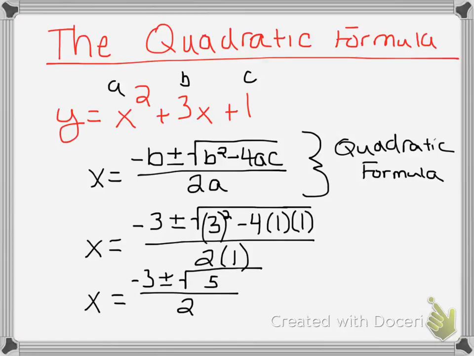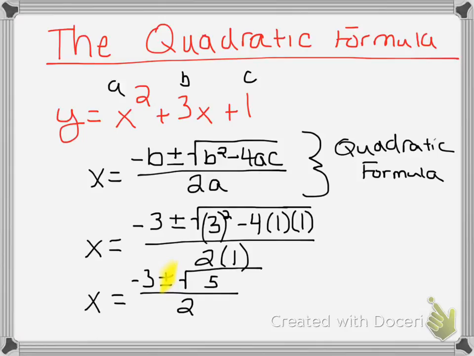Now you know that in most cases we're going to have two x-intercepts. Well, we have two x-intercepts right here. And the reason we have two x-intercepts right here is this plus or minus.